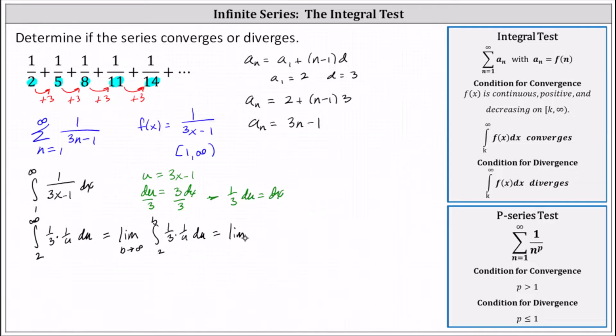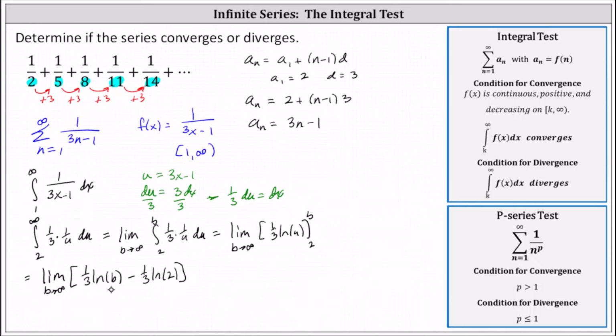We have the limit. Now we determine big F of b minus big F of 2, which gives us the limit as b approaches infinity of 1/3 natural log b minus 1/3 natural log 2.